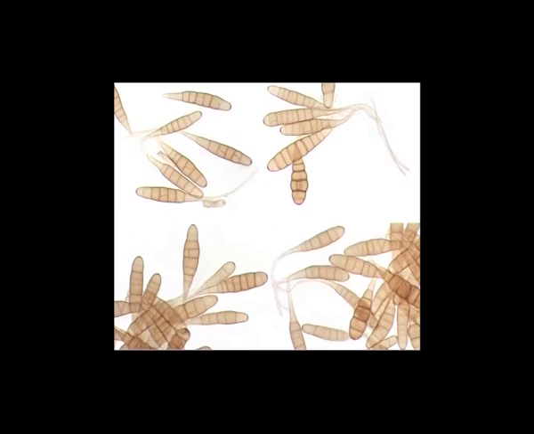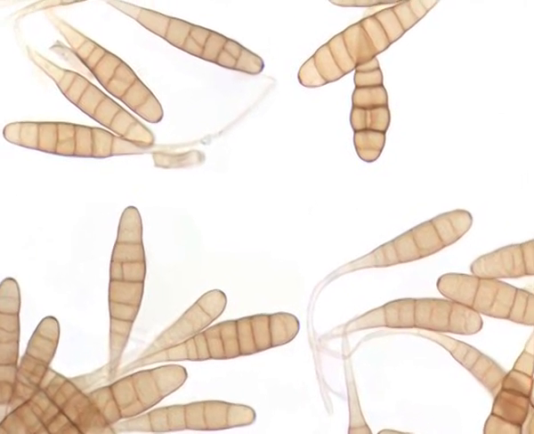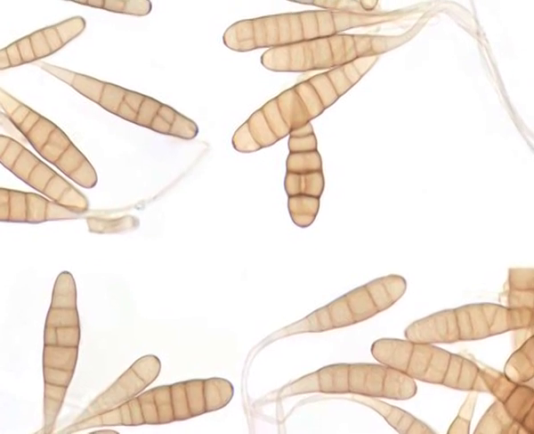Next is the pathogen character. The fungus responsible for this disease is Alternaria porri. Conidiophores arise singly or in groups and are straight or flexuous, often geniculate, septate, pale to mid brown in color.